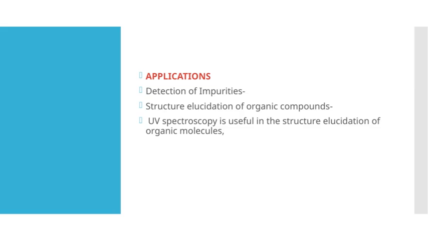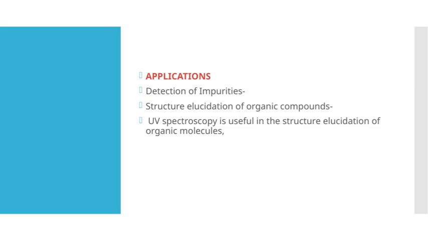Next, we have structure elucidation of organic compounds. This is where UV spectroscopy truly shines. It helps us determine the structure of organic molecules by analyzing their characteristic absorption patterns. These patterns give us clues about the electronic structure and the nature of conjugated systems within the molecule.